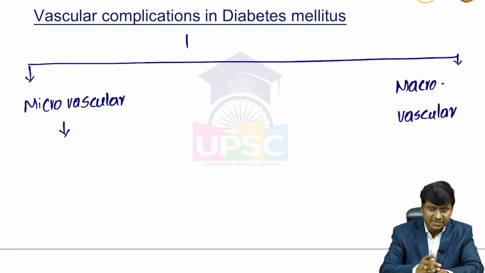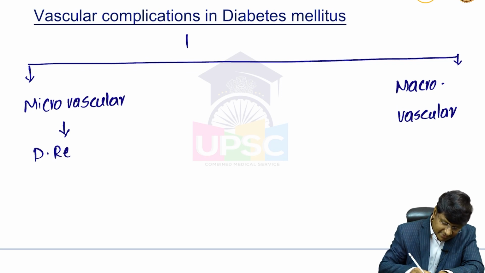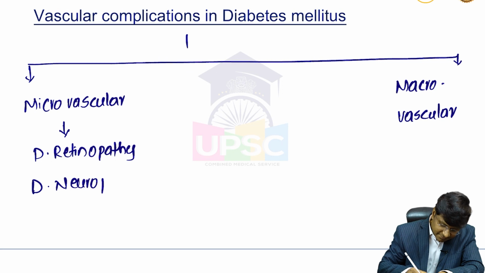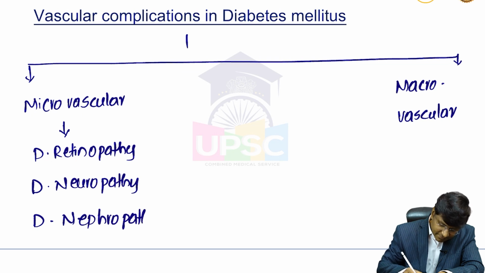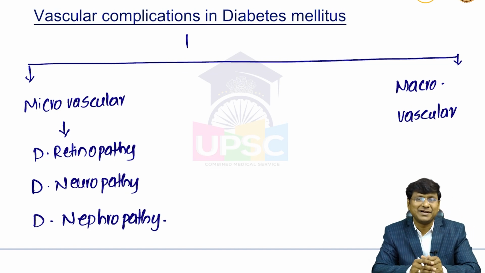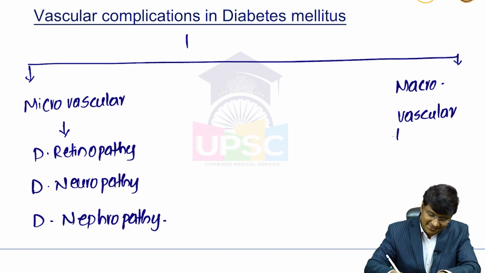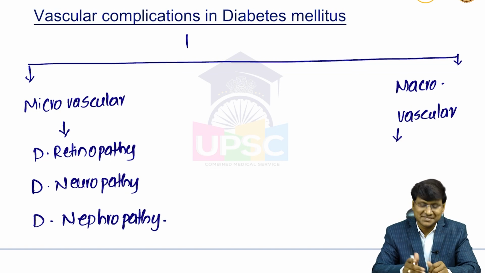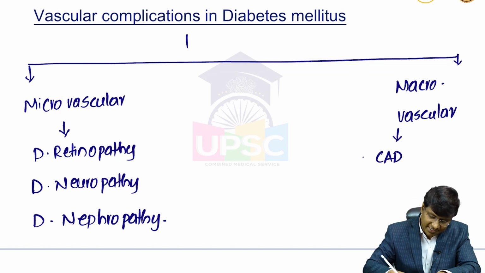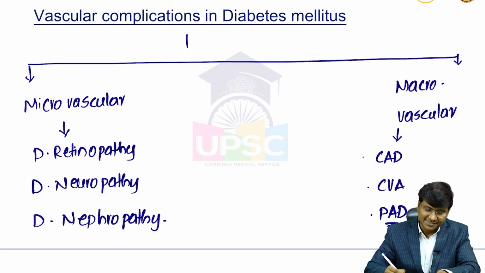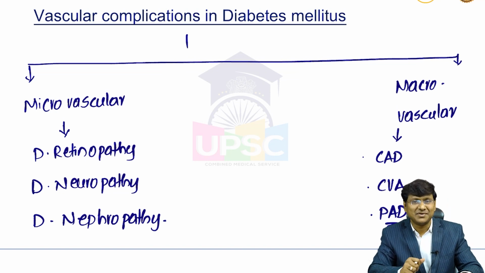The examples of the microvascular complications include diabetic retinopathy, then diabetic neuropathy, then diabetic nephropathy. Alright, so these are the microvascular complications, whereas if you take the macrovascular complications, that includes coronary artery disease, cerebrovascular accidents, and peripheral arterial disease. So these are the macrovascular complications.